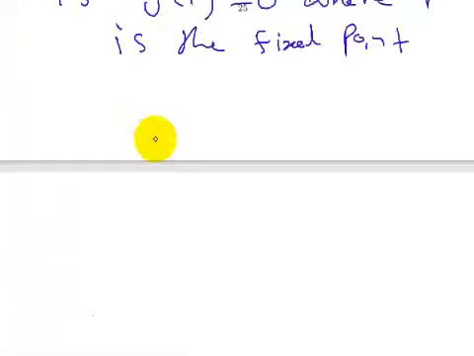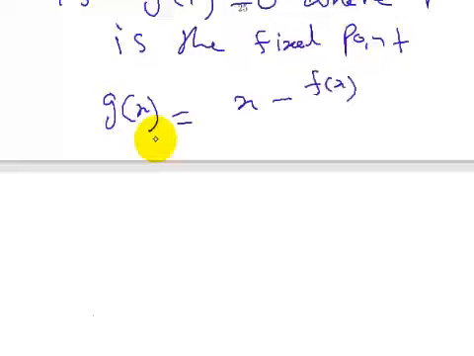What is g of x? g of x is x minus f of x divided by f prime of x. Let's take the derivative of this.